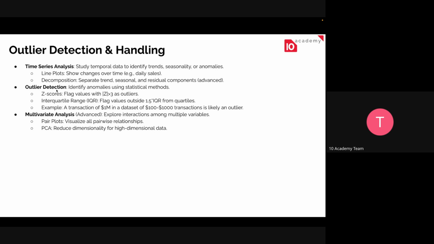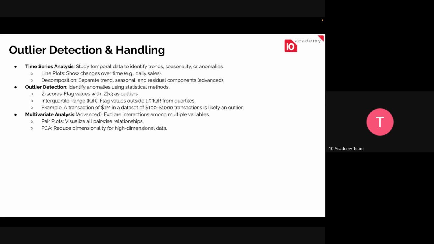Outlier detection: we always need to identify outliers, and if possible, identify their source or why that happened. Is it an issue related to the sensors, or to how the data was filled, or something else? That's a good thing to look out for. We normally check for outliers by using the z-score.